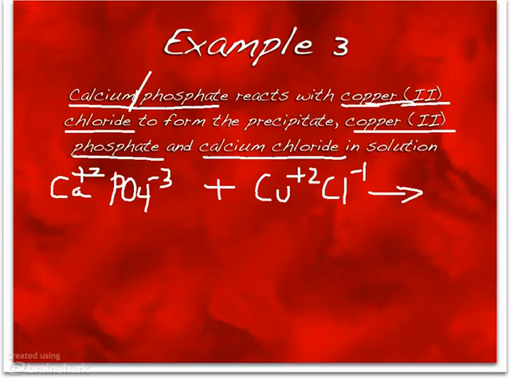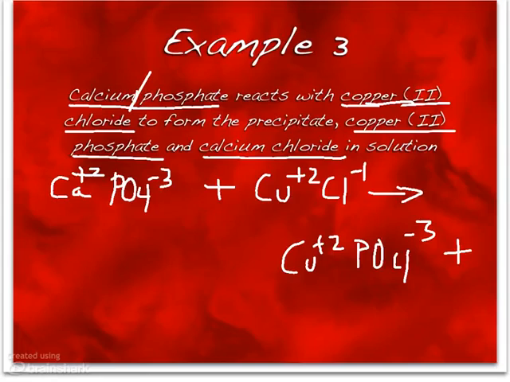This forms copper 2 phosphate. So again, copper 2 is just Cu plus 2, phosphate PO4 minus 3, plus calcium chloride, so calcium Ca plus 2, chloride, which is Cl minus 1. Now the thing is, you can't leave them with charges. You do have to make sure that you go through and get rid of those charges and have them just as subscripts.